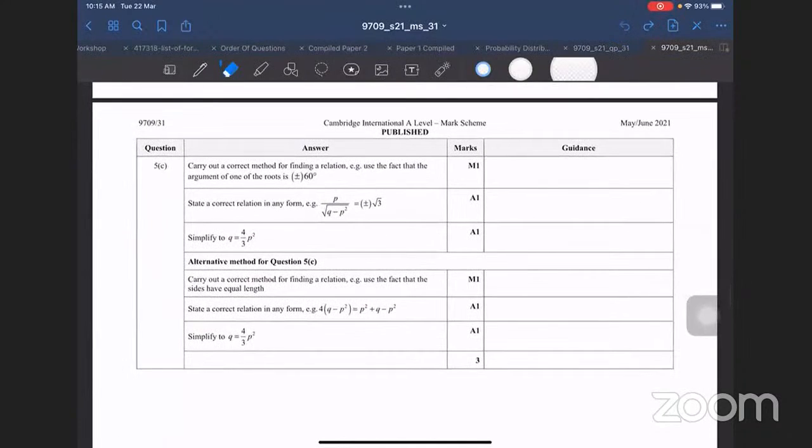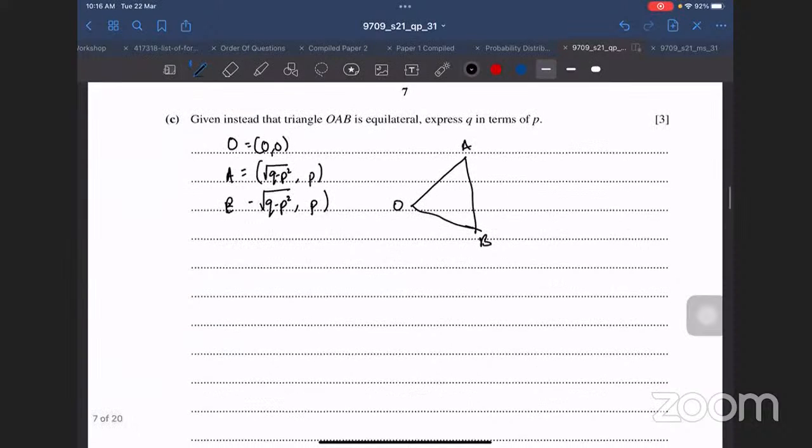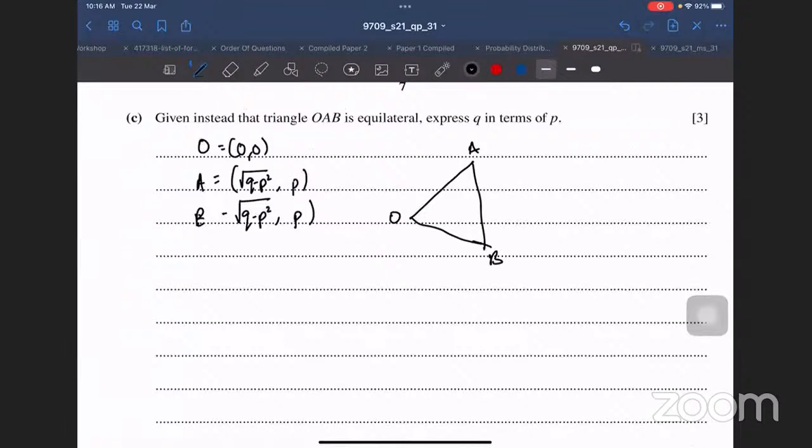Now there are various ways of proving that this is an equilateral triangle. One of the ways of doing that would be to prove that OA and OB and AB all have the same lengths. Okay, so I can do two things.